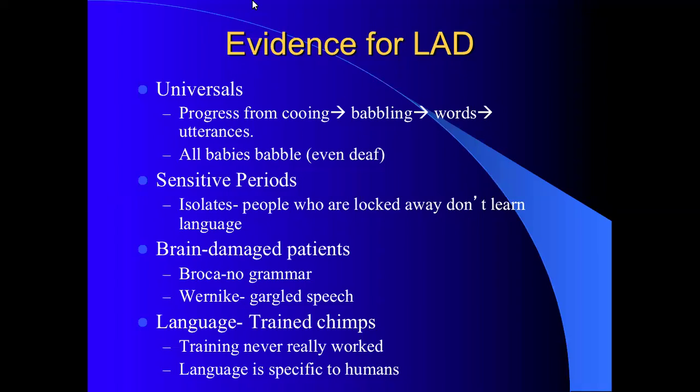So we tried as researchers to train chimps, train bonobo chimps to learn language. And what we found was that, sure, we could use a picture book and teach a chimp to have some basic understanding of what objects are.